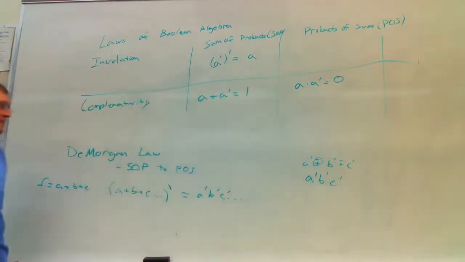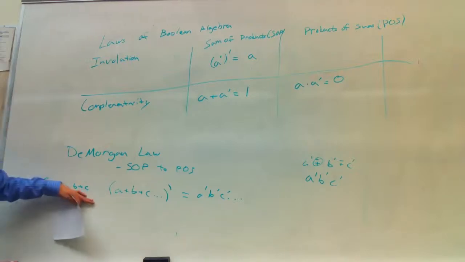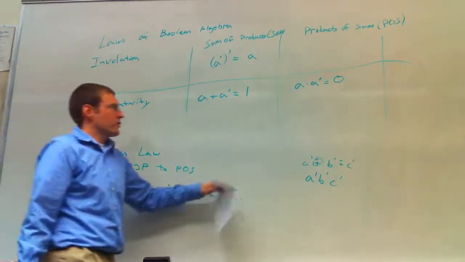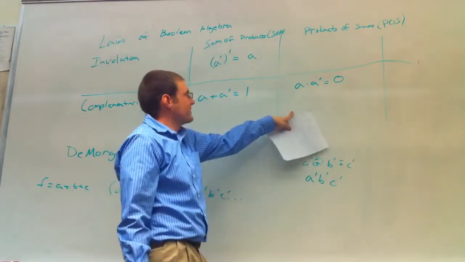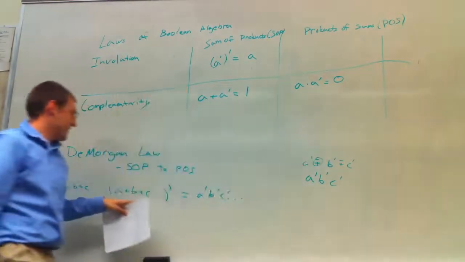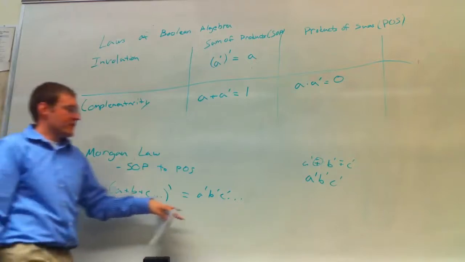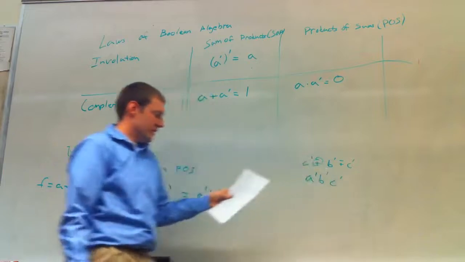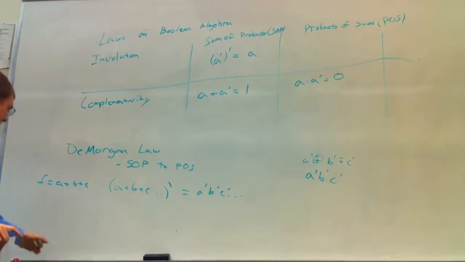So that law makes me convert this function to an equivalent products of sums. So I had sum of products, and I converted it to products of sum using De Morgan's law. So those are our laws. Now we get to apply them.